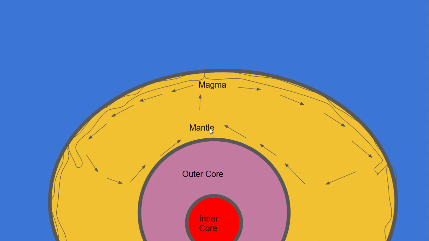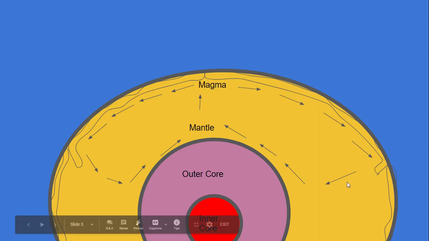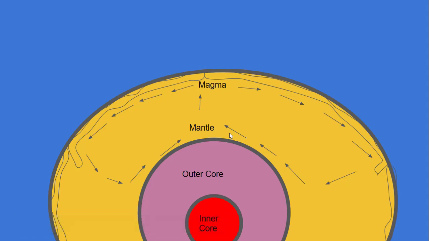Due to the heat, it rises up, spreads, and gets cooled down, and this cooled magma sinks down. Again it gets heated by the core, and this heated magma rises. This is the rising, this is the spreading, and here it is sinking.